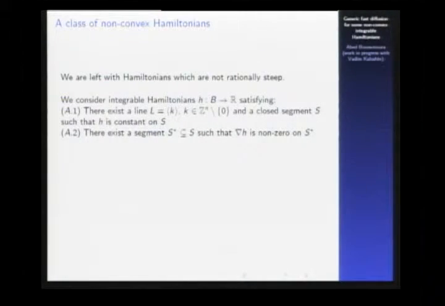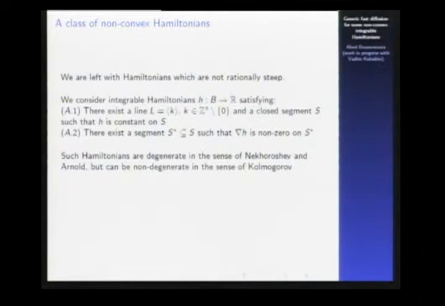There exists a subsegment S star in S, such that the gradient is non-zero on this segment, because if you don't have this, that's very degenerate. Of course, for this you just assume that the gradient is non-zero at one point, and then you find some little interval around this point, but this is just to simplify a bit. You don't need it, actually. So the class I will consider will be the Hamiltonians that satisfy these two assumptions.